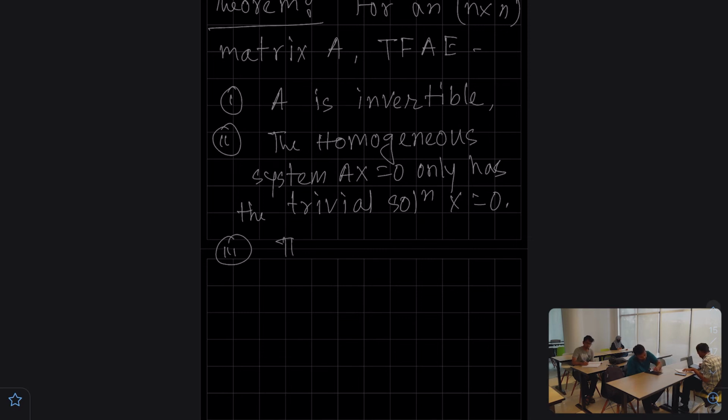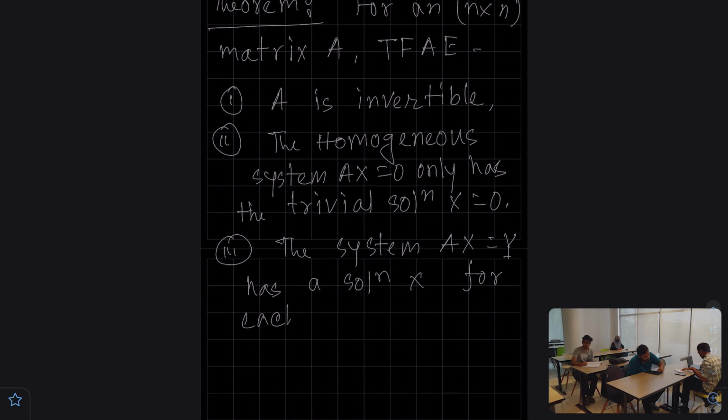The system Ax equal to y has a solution x for each n cross 1 matrix y. Okay.